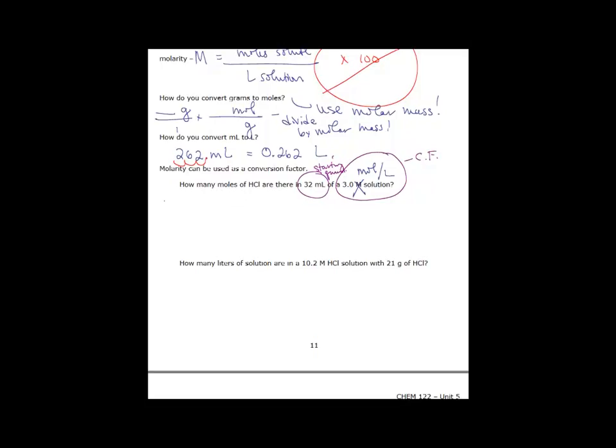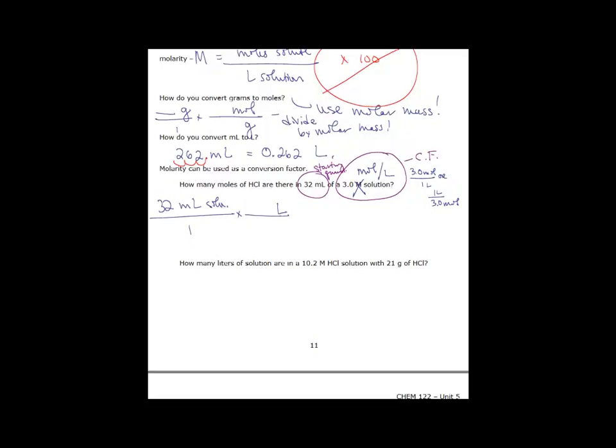So I'm going to write out 32 milliliters of solution. Put that over 1. This conversion factor, 3 molar, can be written 3 moles over 1 liter, or 1 liter over 3 moles. Notice that my denominator or numerator in either case deals with liters, not milliliters. So before I can even use my conversion factor, I have to convert the milliliters to liters.